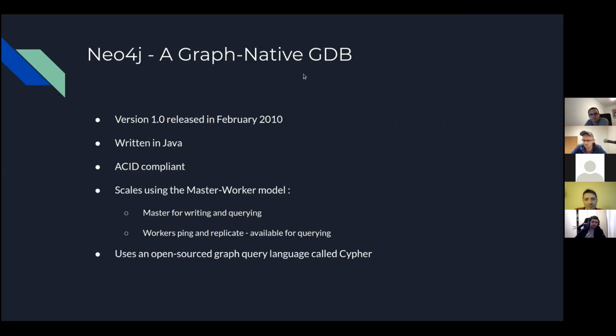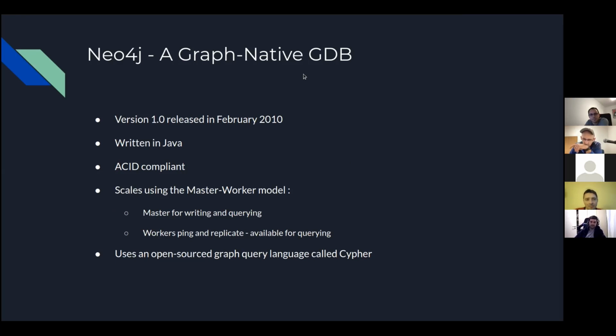So about Neo4j, the first version was released in February 2010. It's written in Java, Go Java. It's ACID compliant, and it can scale. It uses the master worker model. Similar to the Solr server I mentioned the last time we talked, you have a master node.